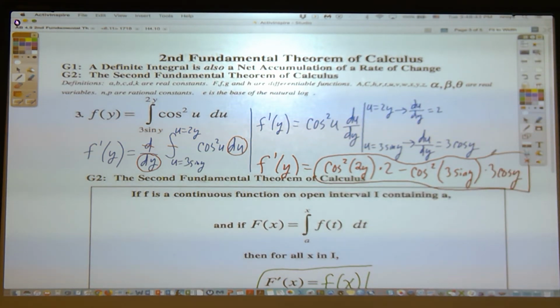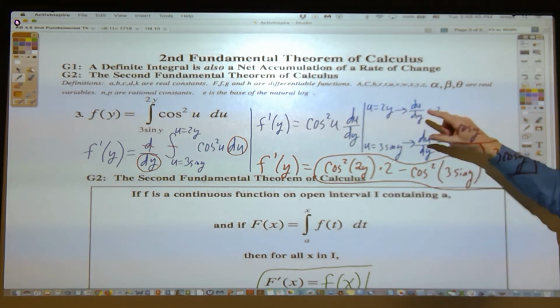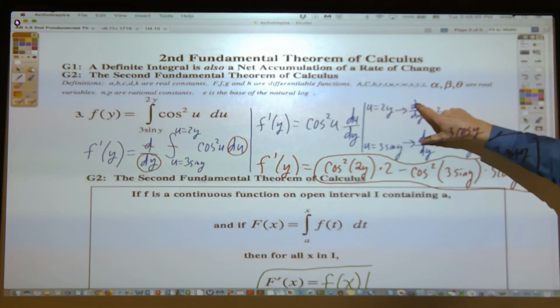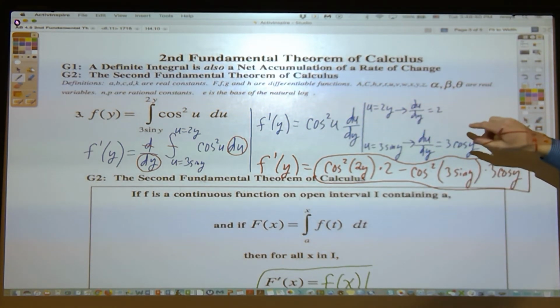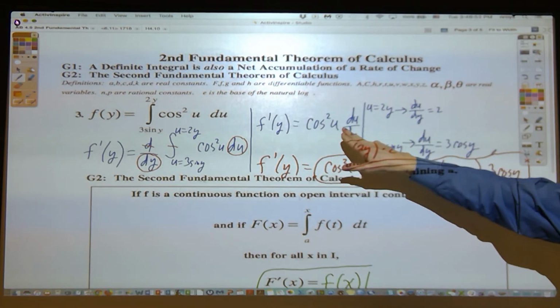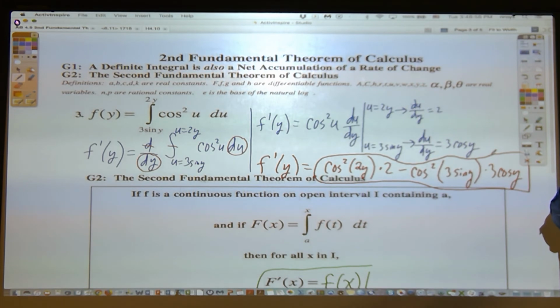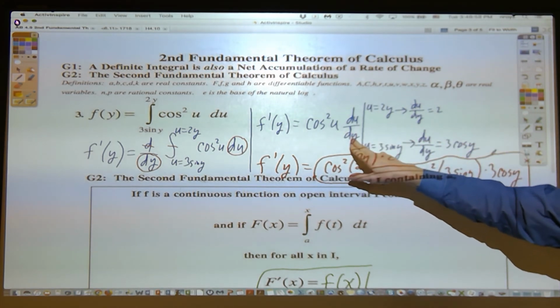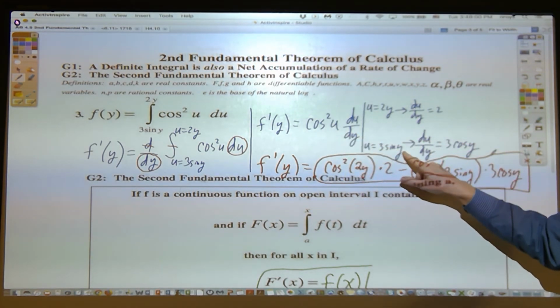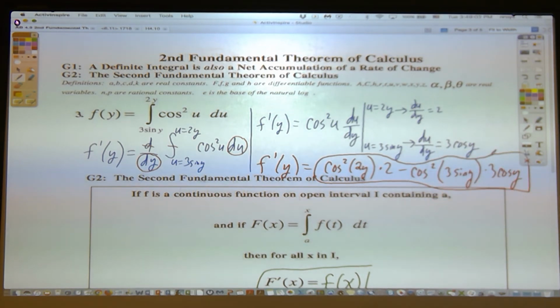I don't expect that you'll get any of these problems correct unless you do this arrow routine right here, so that you know what value of du dy goes along with u equals 2y and what value of du dy goes along with u equals 3 sine y.